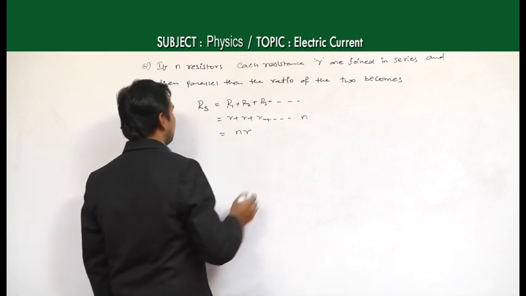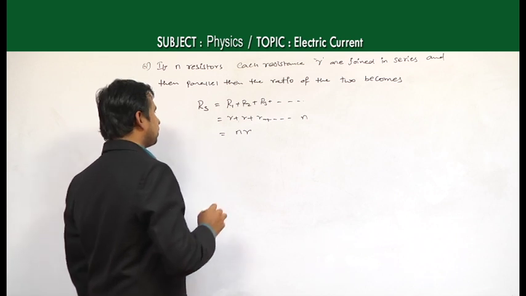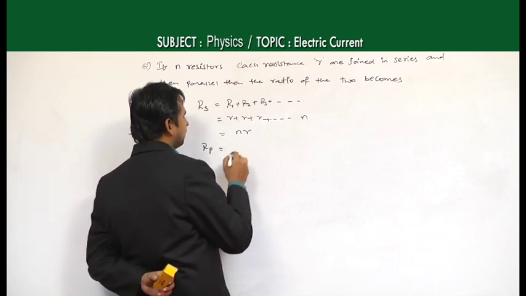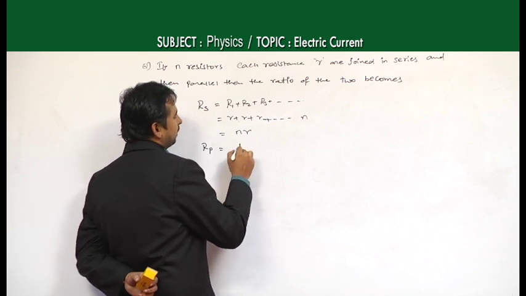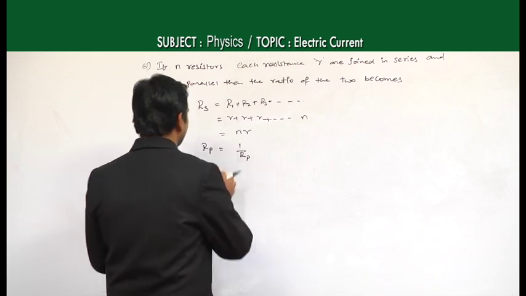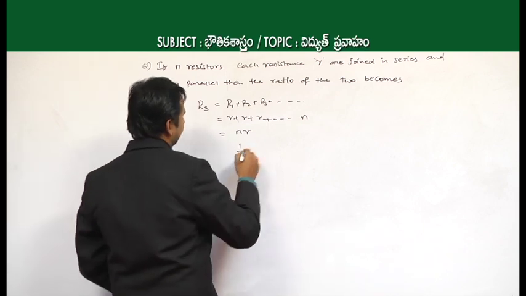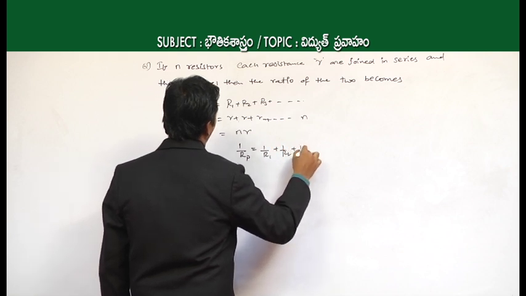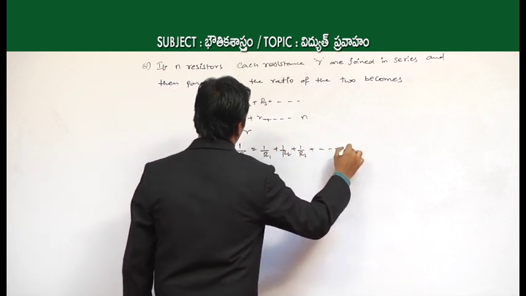In the same way, for the case of a parallel connection, the Rp value: the equivalent resistance 1 by Rp is equal to, according to our formula, 1 by R1 plus 1 by R2 plus 1 by R3 and so on, up to n times.